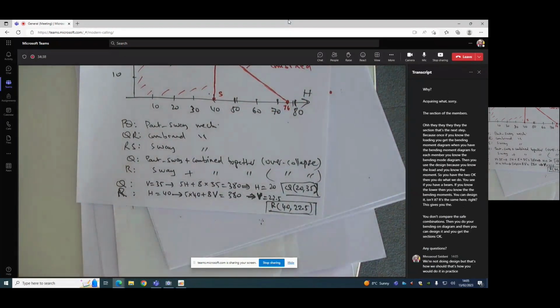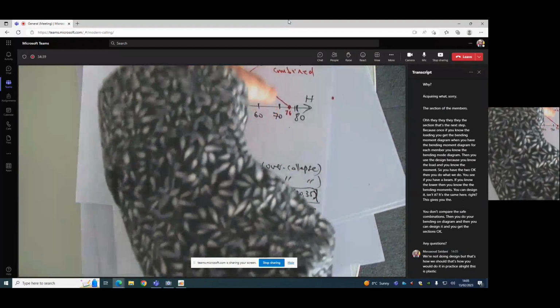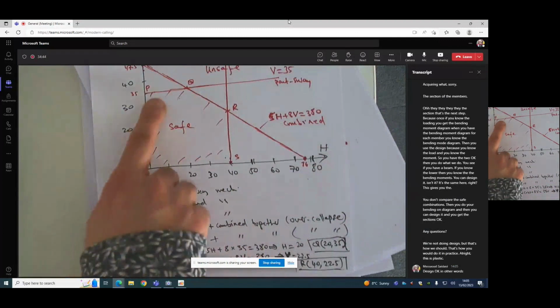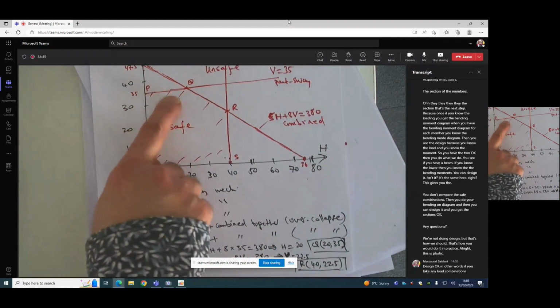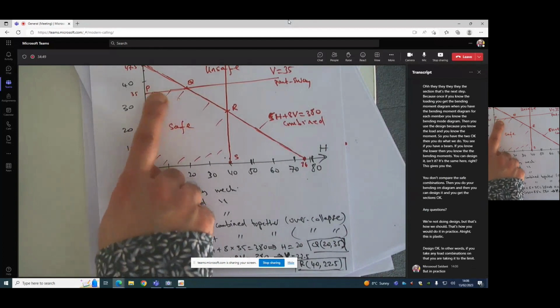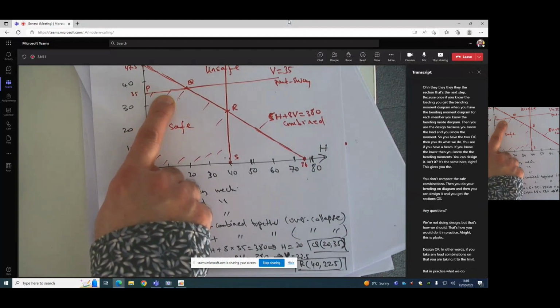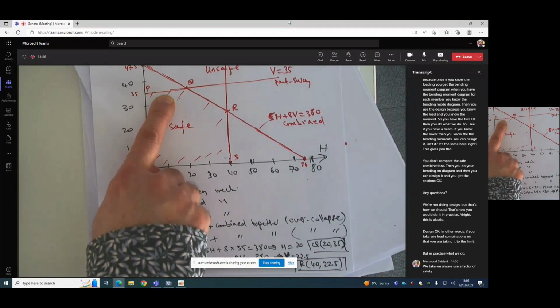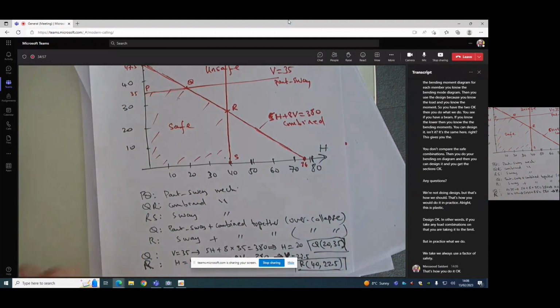This is plastic design. In other words, if you take any load combinations on there, you are taking it to the limit. But in practice, we always use a factor of safety. Any questions?